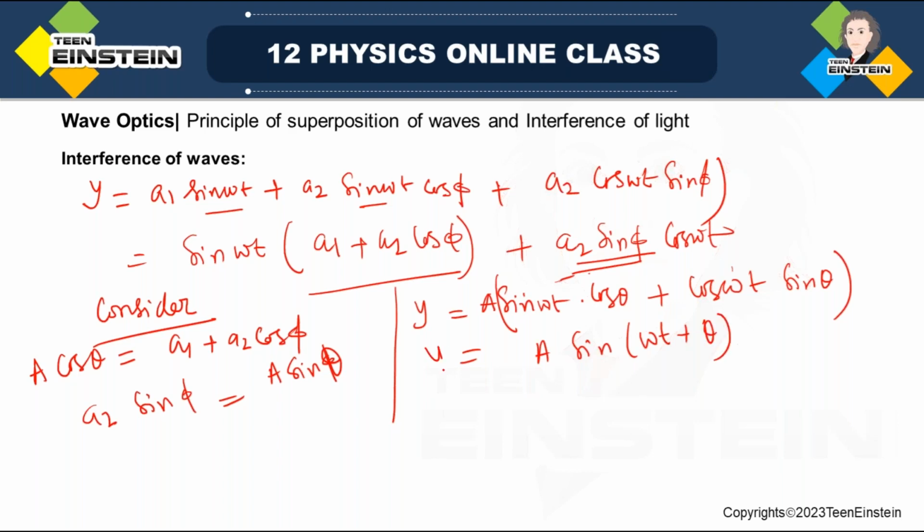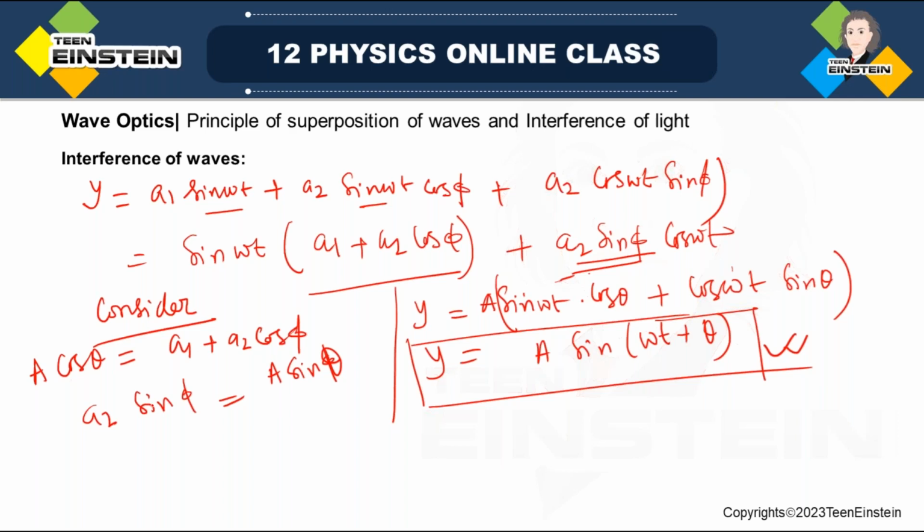So this is how, we have seen the interfering waves were sinusoidal, and this is also sinusoidal. This is the resultant wave we get upon superposition. But what is this theta and what is a? That we have to find out from here. So at least a we can find out.